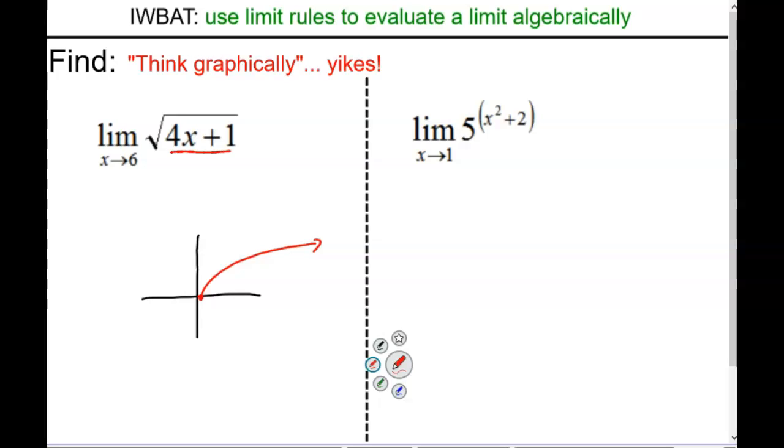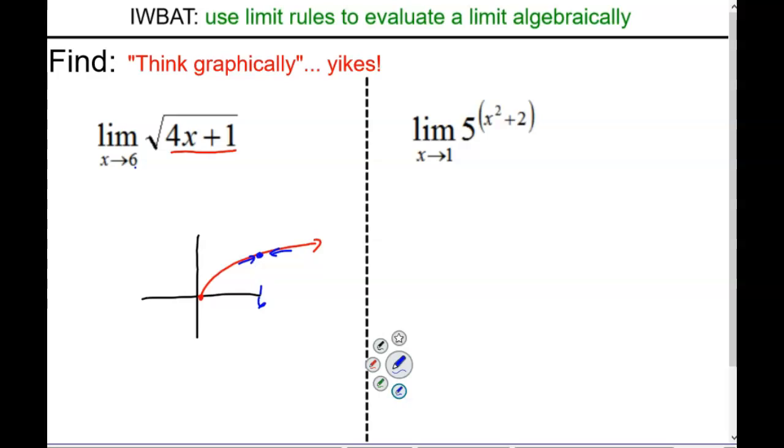However, the extra 4x plus 1 is going to change my graph a little bit. And if I don't have a calculator handy, the only thing that I know is that as x goes to 6, somewhere around here, the left-handed and right-handed sides, that's still a continuous function for every value that works.